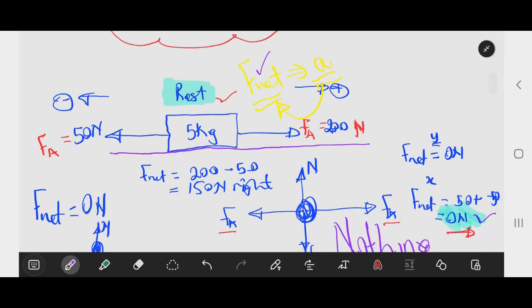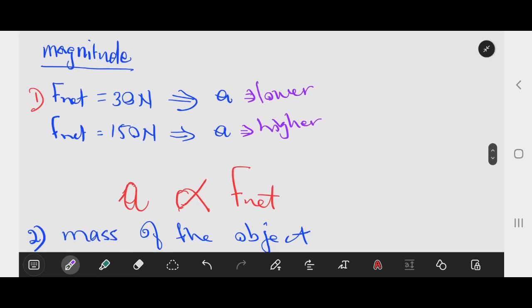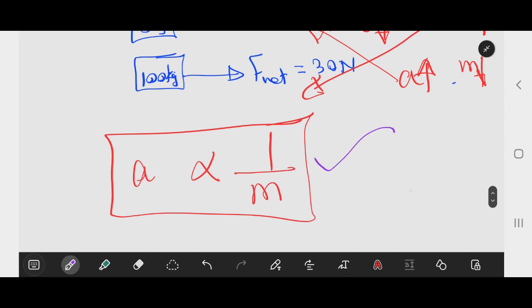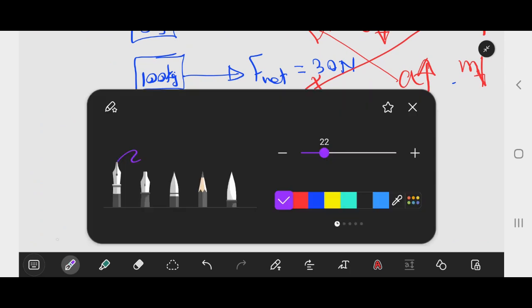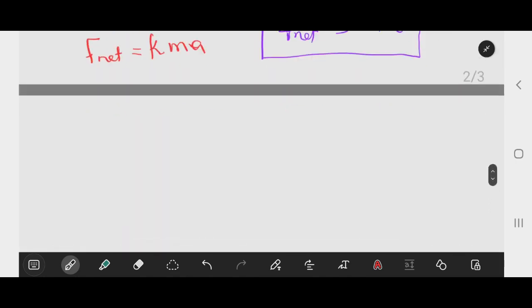That is part number one. And part number two, we talked about the magnitude of the acceleration. That acceleration is directly proportional to the net force, right? And that acceleration is inversely proportional to the mass of the object. So now we can state Newton's second law of motion in words.